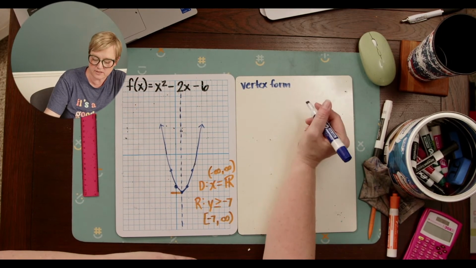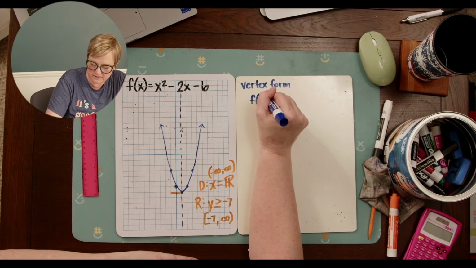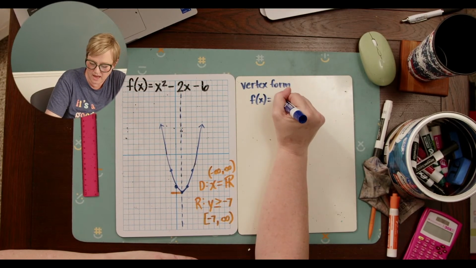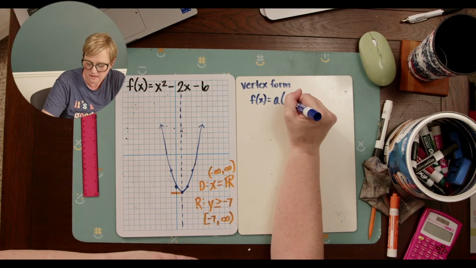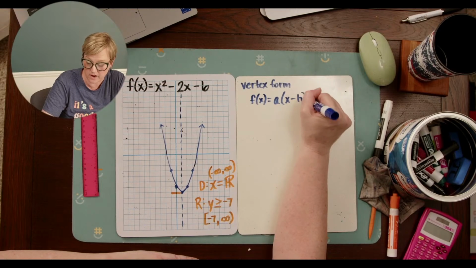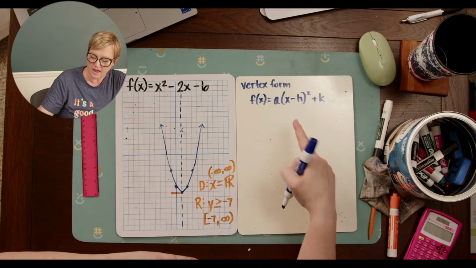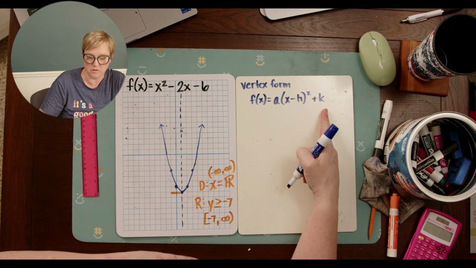The vertex form is where you have f of x equals a times x minus h squared plus k. And the h and the k are your vertex.